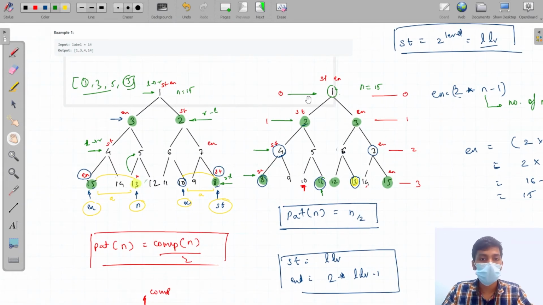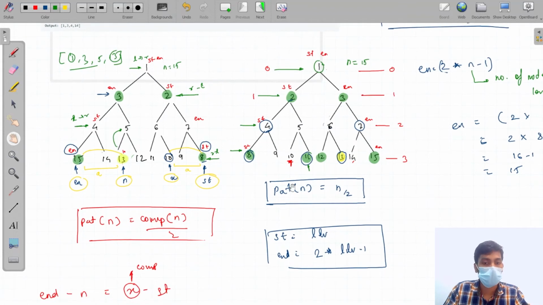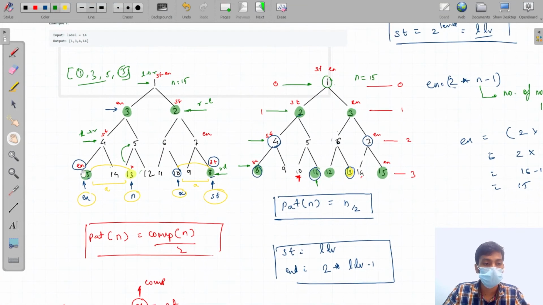First, we created this normal general tree. We derived a formula to find the parent of the given n, which was nothing but n by 2. In this particular tree, the direction at every even level was interchanged, going from right to left, then left to right, right to left, left to right.